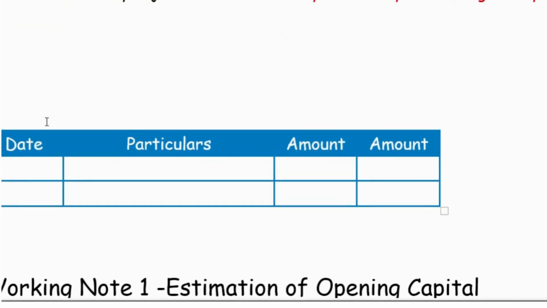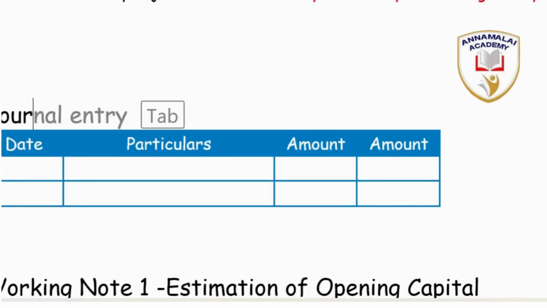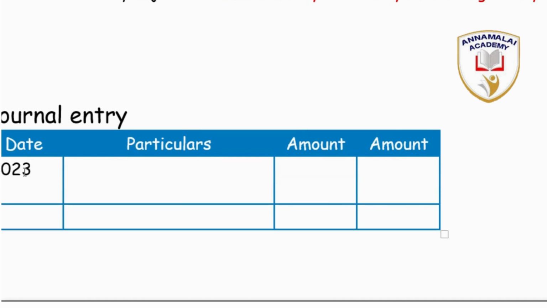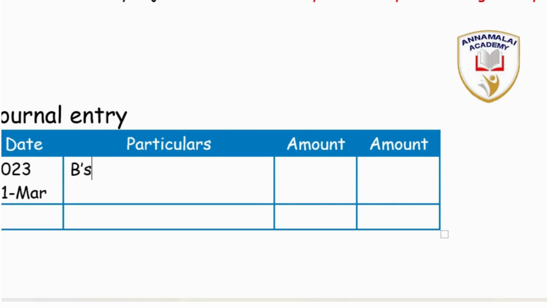Now we are making the journal entry for the adjustments. It is as on the date of 31st March 2023. The person who is getting the debit is B's capital account, and A has to get a credit, A's capital account.